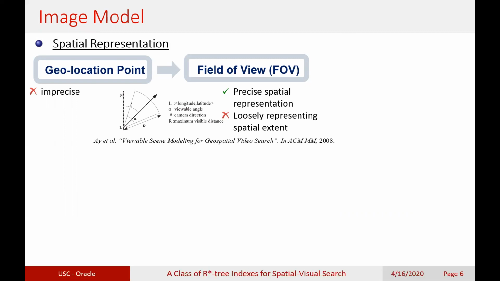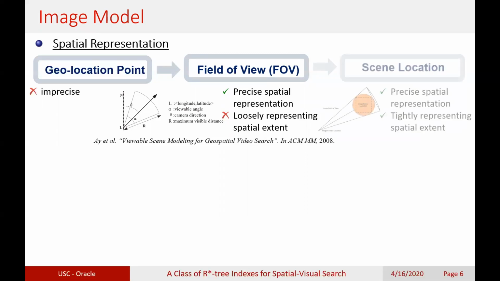However, it might loosely represent the spatial extent, especially when the camera is far from the scene depicted in an image. Alternatively, we have another spatial representation, which is scene location, that is a partial region of the FOV descriptor.